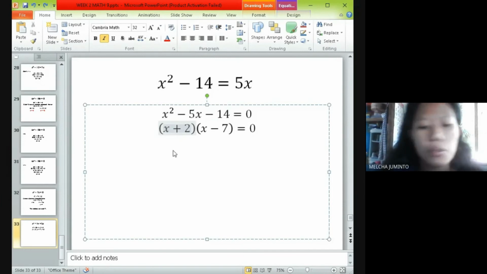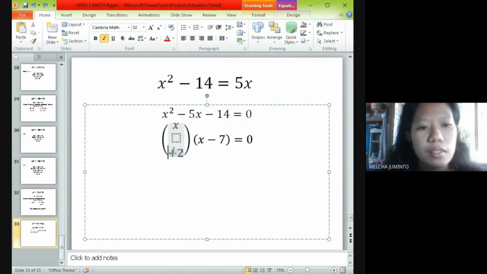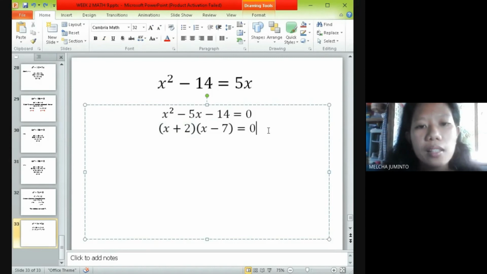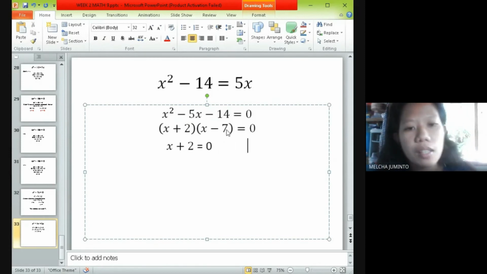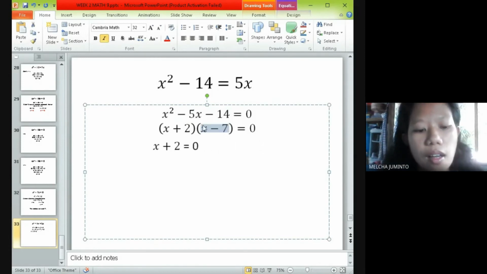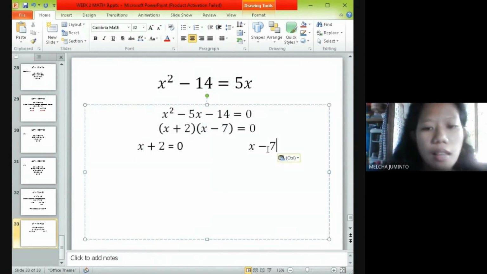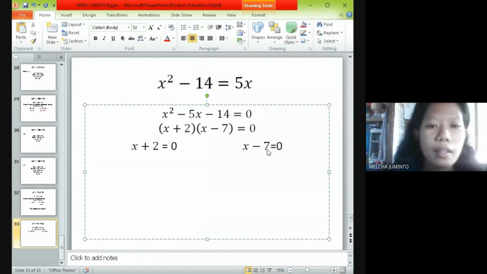You need first to get the first factor, which is x plus 2, equate it to 0, and then also the same way with the second factor, x minus 7, equate that to 0, and then solve the two equations.